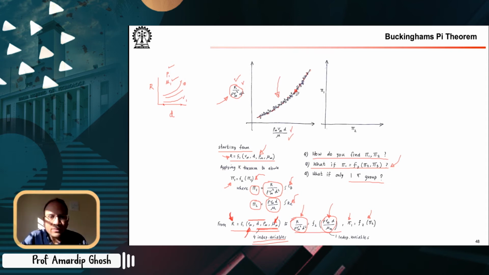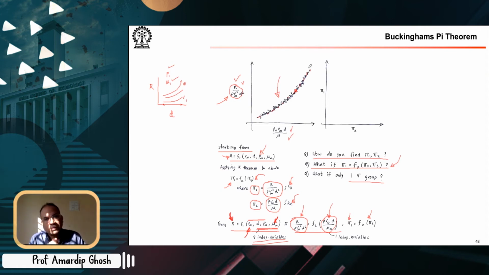So essentially, this is the data set, suppose, that has been generated through a similar kind of experiment that we have performed just before, but instead of plotting drag force versus diameter for various velocities while changing density and viscosity, we are running a test where we are doing the same things, but instead of plotting the dimensional variables, we are now plotting the non-dimensional variables that we obtained from Buckingham's Pi theorem approach.